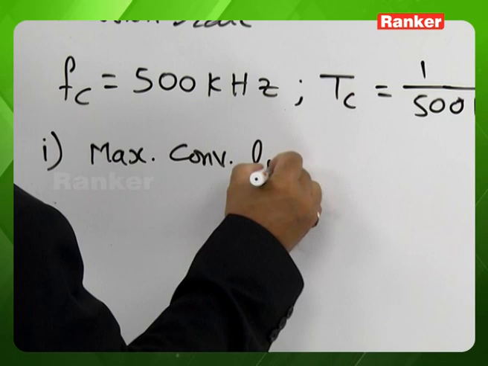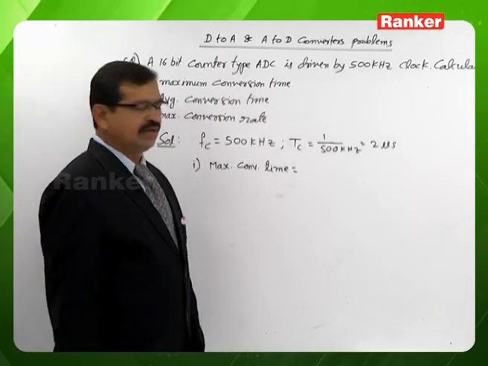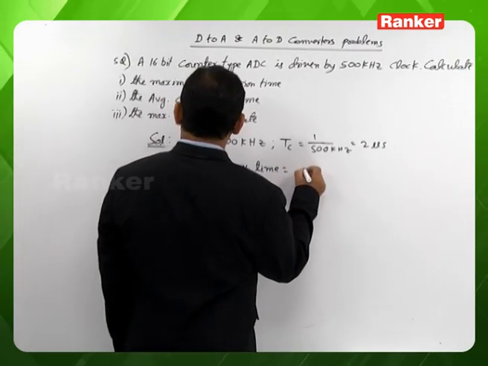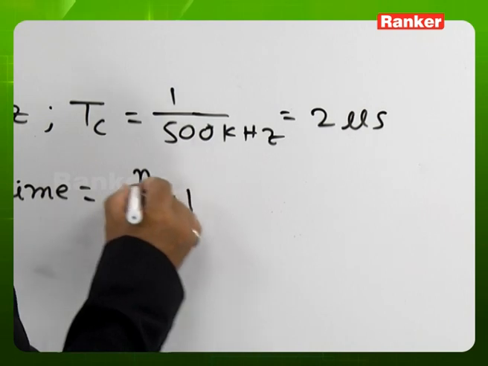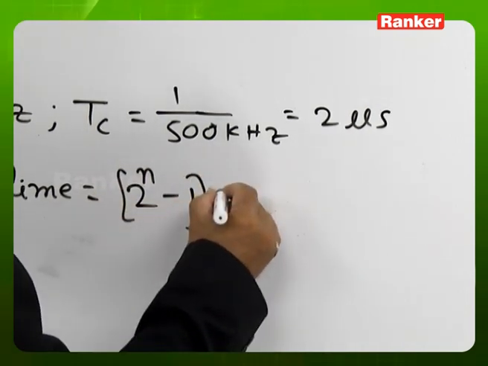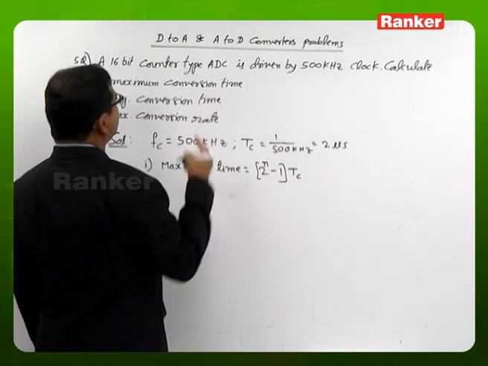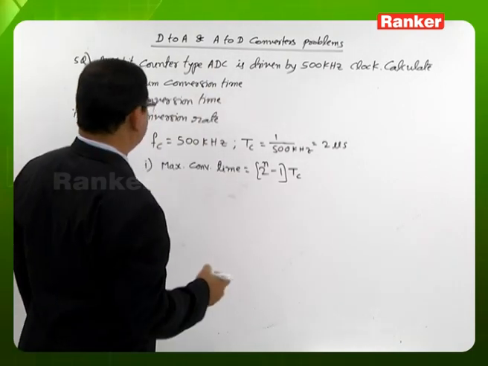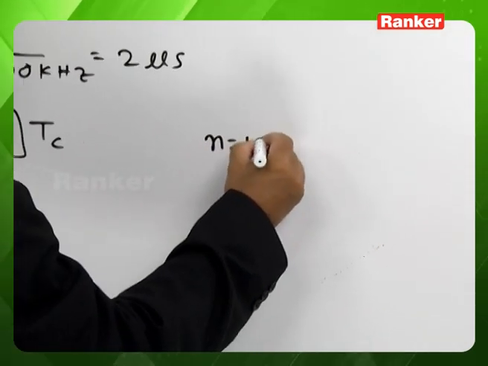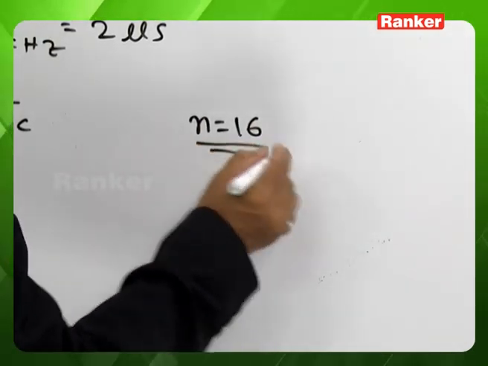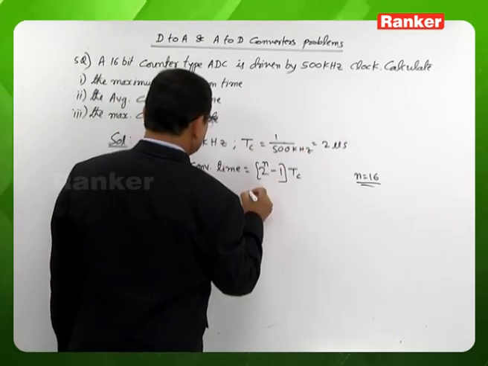The maximum conversion time for a counter type analog to digital converter is given as (2 to the power of n minus 1) into the clock time period. It is given as 16 bit, so n is 16, and the clock time period is 2 microseconds.